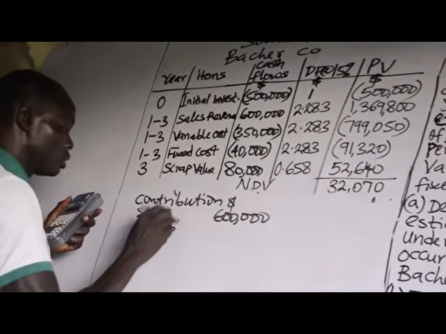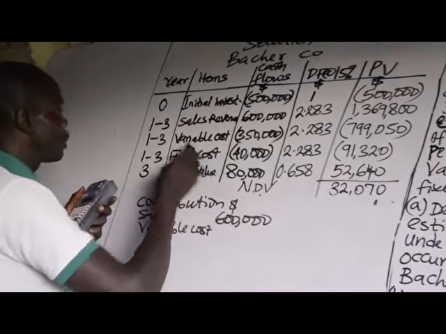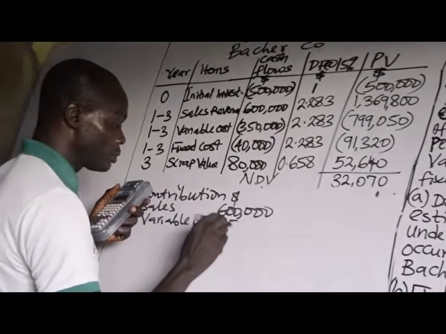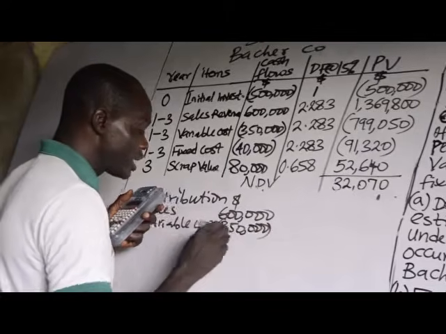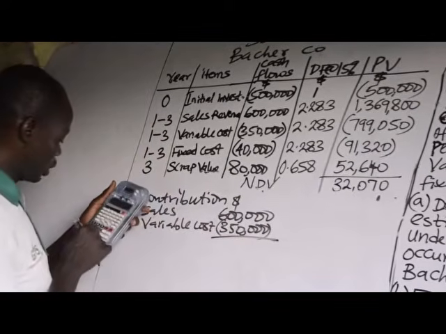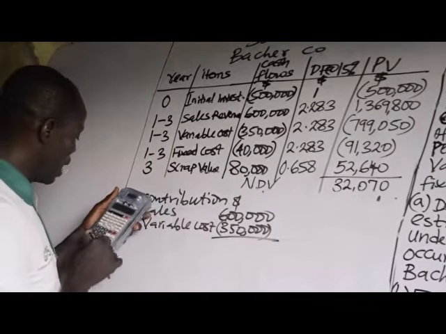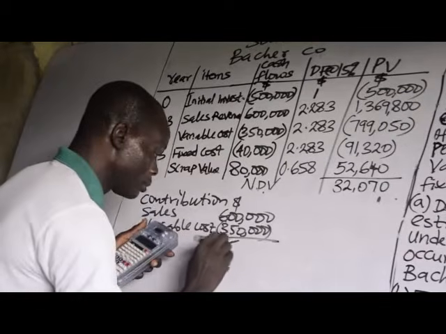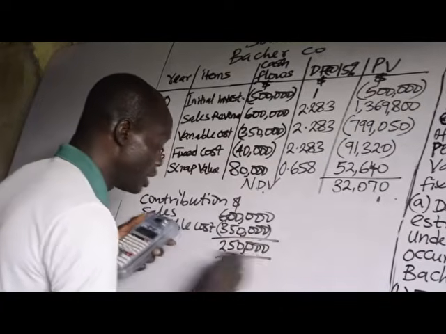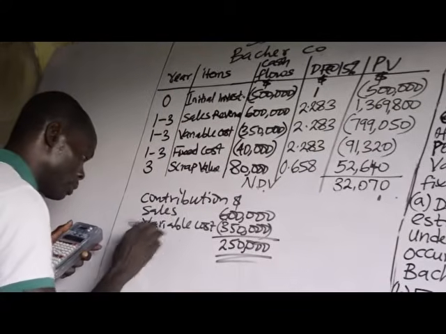Variable cost amounted to 350,000. If you subtract 350,000 from 600,000, you'll be left with 250,000. And that 250,000 is our contribution margin.